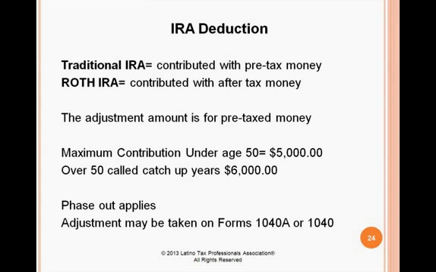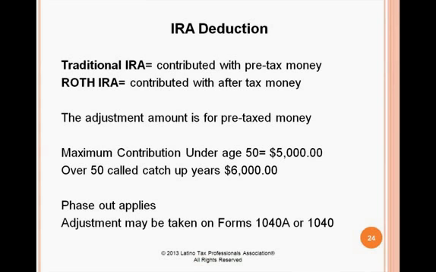The maximum contribution for an IRA under age 50 is $5,000, and over 50, called catch-up years, is $6,000. There are phase-out amounts, meaning if your income is over the thresholds, you do not qualify and cannot put monies into a traditional IRA.